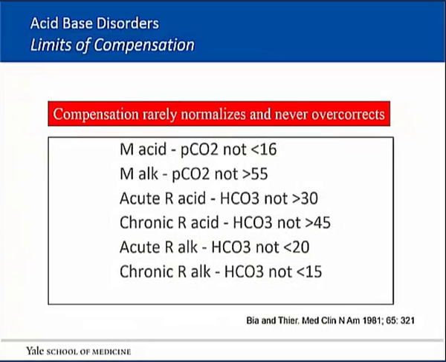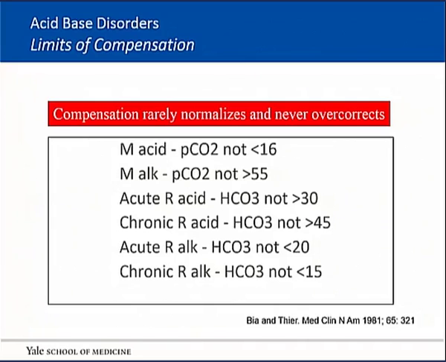The other thing that's useful to keep in mind is that compensation rarely normalizes and never overcorrects. The only one that really normalizes is chronic respiratory alkalosis. The bicarbonate can drop enough as to normalize the pH. But usually it doesn't normalize.